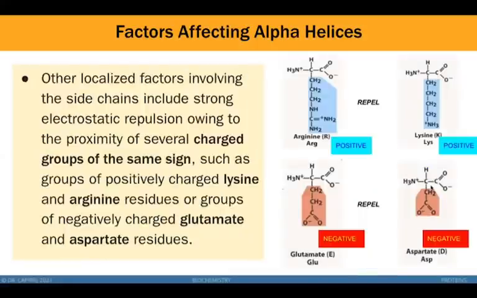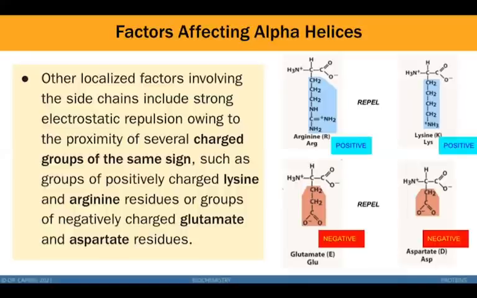So other localizing factors, or factors that will affect alpha helices, usually involve side chains having electrostatic repulsion owing to the proximity of several charged groups of the same sign. So if you have side chains that contain the same charge, most likely it will cause repulsion.